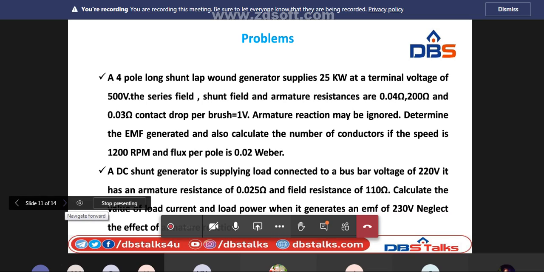Eg 230 is equal to V 220 plus Ia, which we don't know, times Ra value 0.025, plus brush drop. If they don't give the brush drop or brush contact drop or brush voltage, simply neglect it as 0. Therefore 230 is equal to 220 plus Ia into 0.025. From that we have to find out the Ia value.